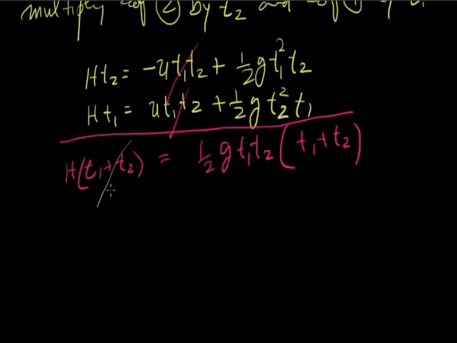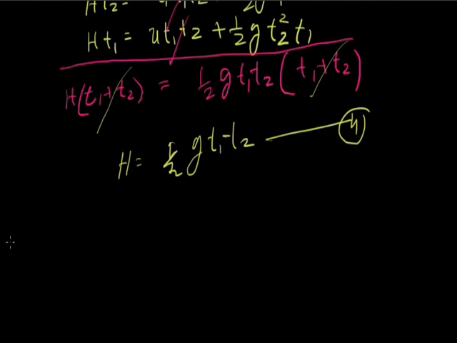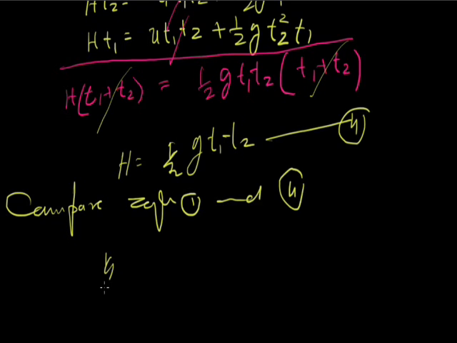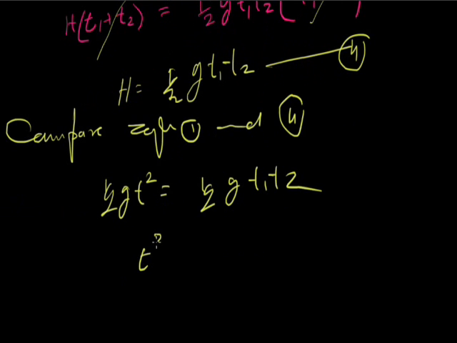Cancelling t1 plus t2 on both sides, h is equal to half g t1 t2. Compare with equation number 1: half g t square is equal to half g t1 t2.